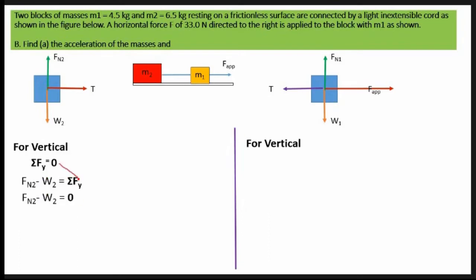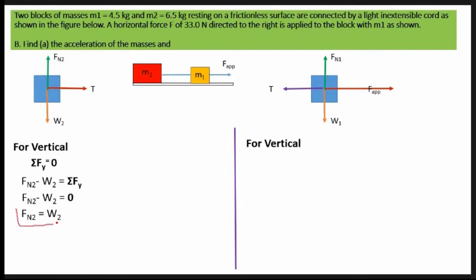Because the value of the summation of forces in the y direction is 0, simplify it more. You transfer it here. And it sounds like this. So then the minus W2, once you transfer it to the other side, it becomes positive.